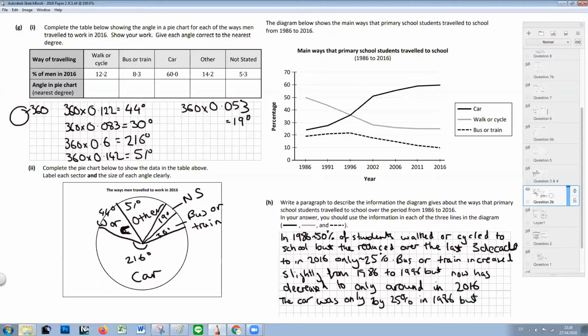But now almost 60% of students get a car to school. You don't need to be any fancier, just be very factual with the information that you're going to get with the question. And then that's basically that one done.